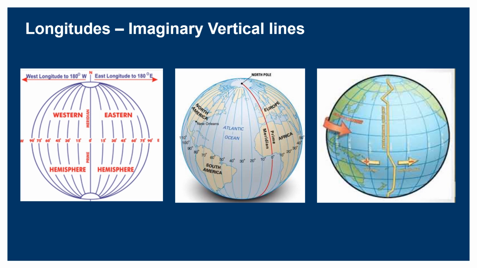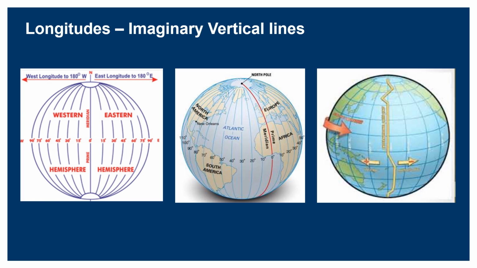So the 180-degree eastern and western meridian is the same common line, which is 180 degrees from the prime meridian. This line passes through the islands of the Pacific Ocean.